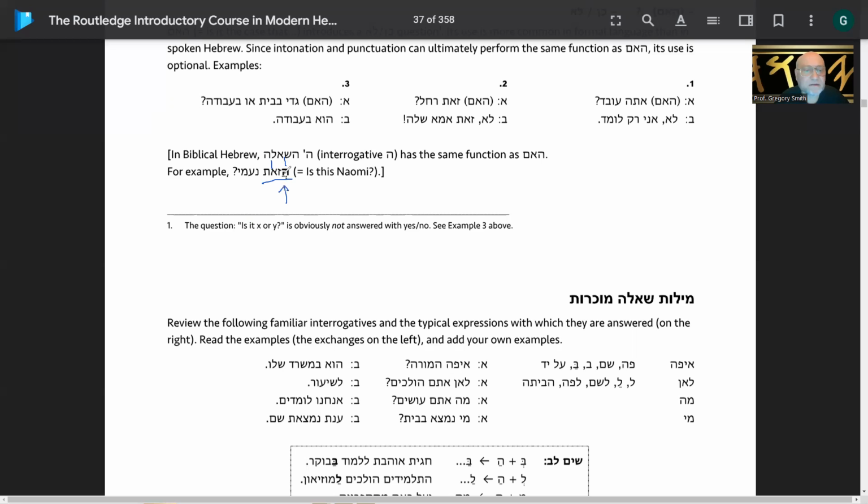And notice it has a reduced patach. Let me look up patach vowel pointing variants so that I can give you the right thing here.